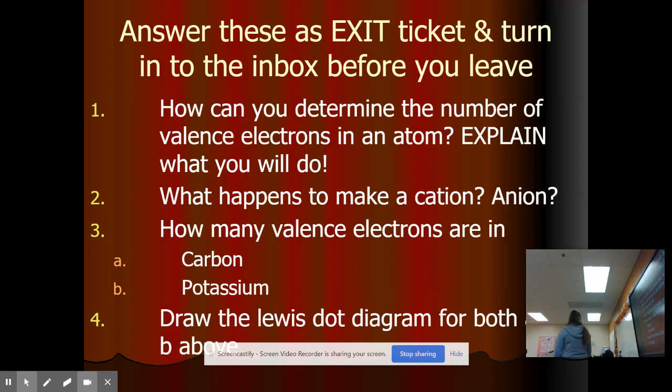So just put 1 through 4 on there. You don't have to rewrite the questions. Just put the numbers on there somewhere and answer them. Put it on the back. We only got 4, not 8. I don't know why I said 8. I'm thinking valence electrons.